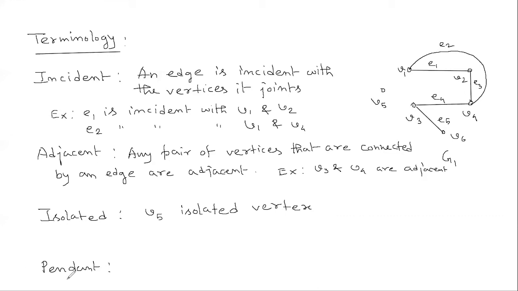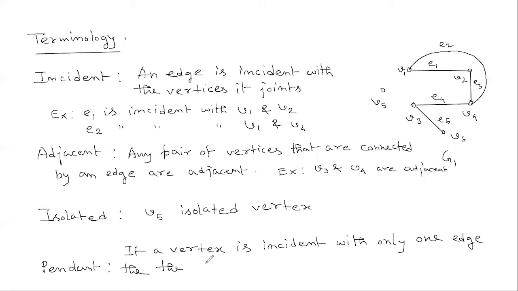And what is called pendant vertex? If a vertex is incident with only one edge, then we say it is a pendant vertex. If a vertex is incident with only one edge, then the vertex is pendant.